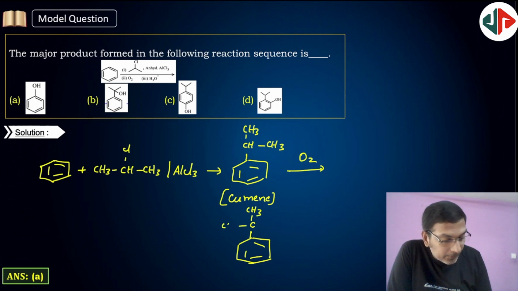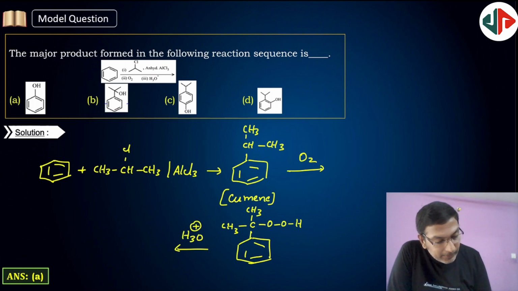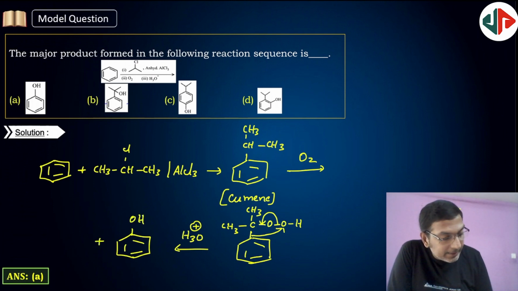C(CH3)2OOH, cumene hydroperoxide, which on hydrolysis will give, so rearrangement will be like this. The compounds will be phenol plus acetone.